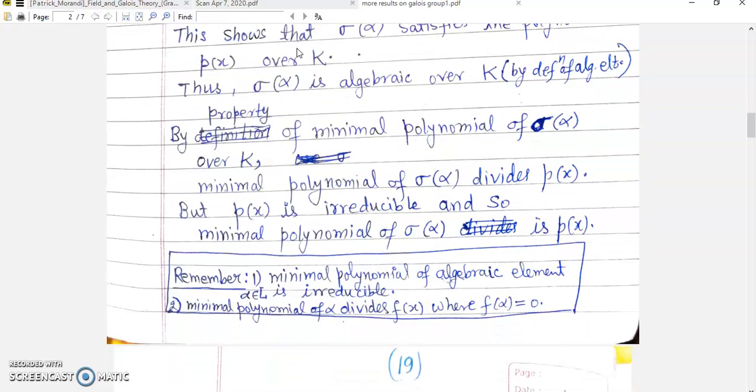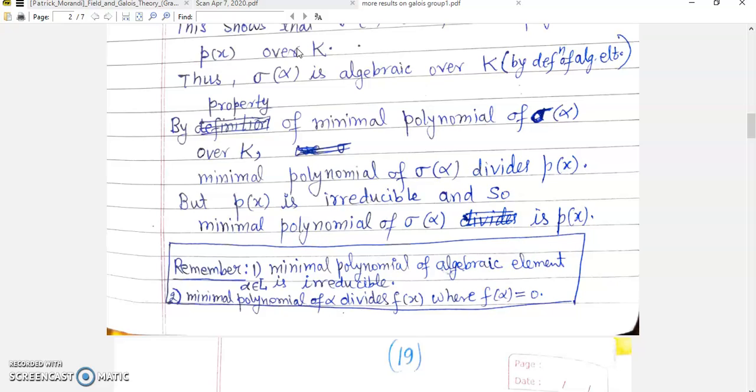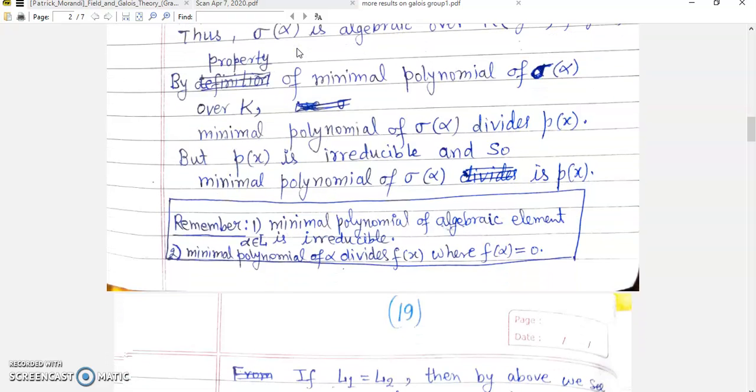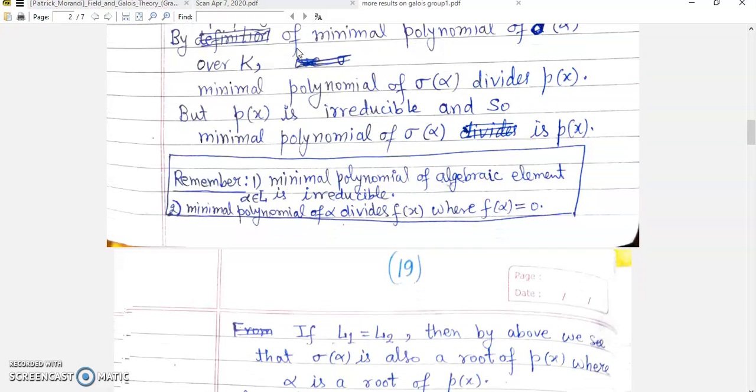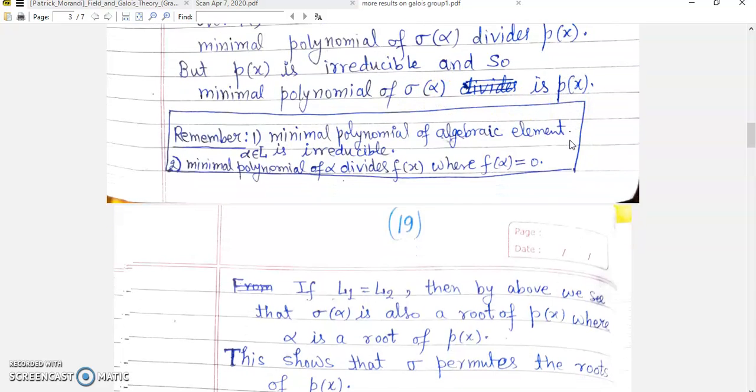But by the property of minimal polynomial, Px is irreducible. So it has only one non-trivial factor, which will be Px. That is, the minimal polynomial of sigma alpha is also Px.